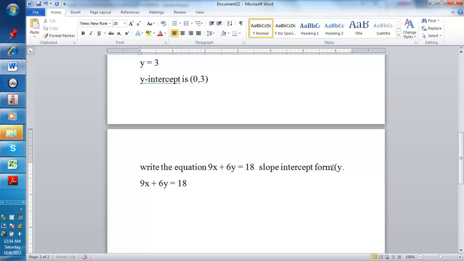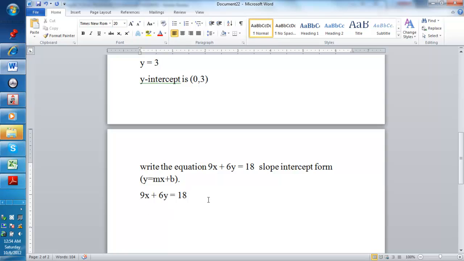Slope-intercept form is y equals mx plus b. M represents the slope, and b represents the y-coordinate of the y-intercept.